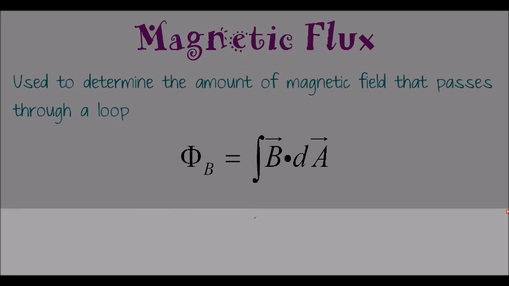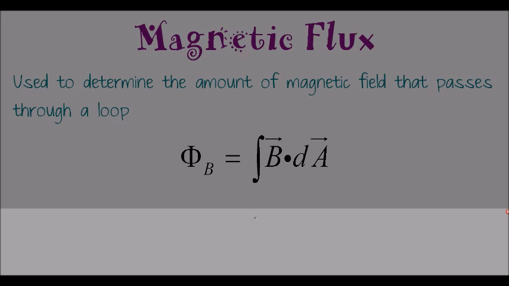Here's our equation for magnetic flux. It has the same symbol as electric flux, except with the B signifying that it's dealing with the magnetic field rather than an E for the electric field. And just like electric flux, we're going to take the integral of B dot dA. Remember that A, that area vector, is always perpendicular to the surface area of your loop, whatever shape it is.